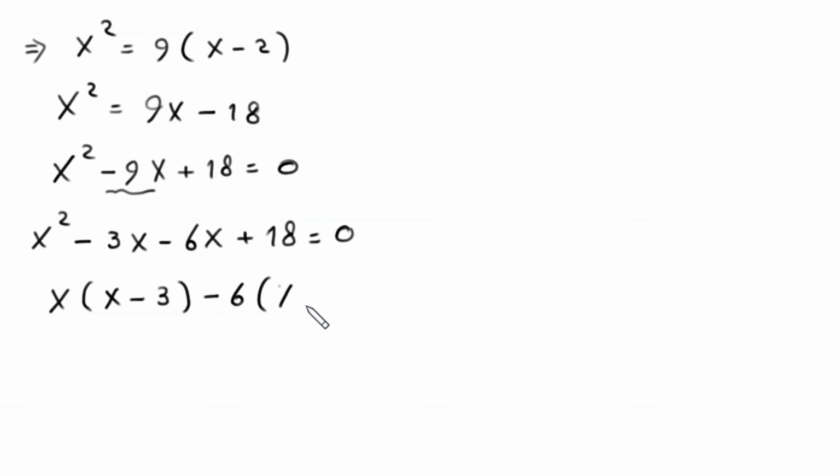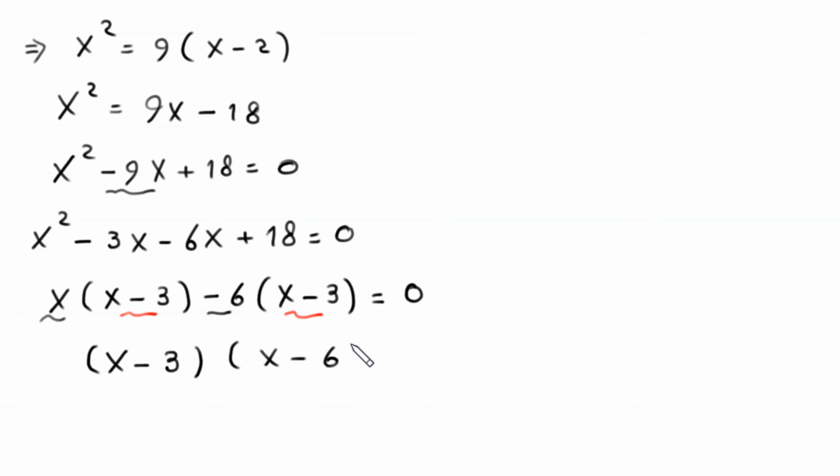In bracket left x minus 3 equal to 0, and this x minus 3 is a common factor, so we factor out this x minus 3, and in bracket left this x and this negative 6. In bracket left x minus 6 equal to 0.